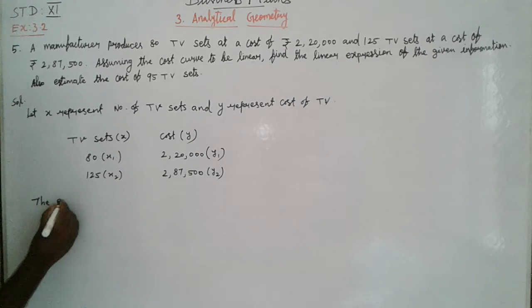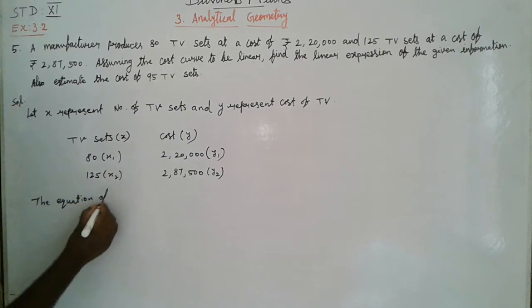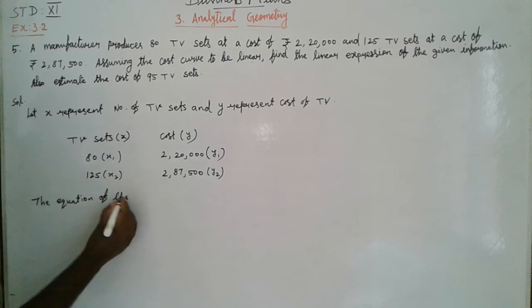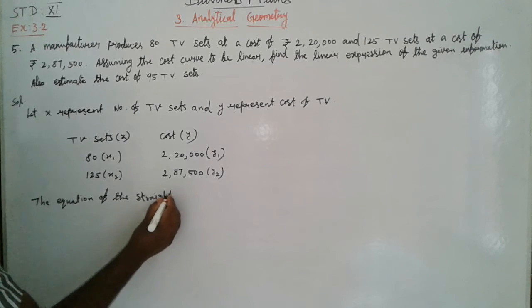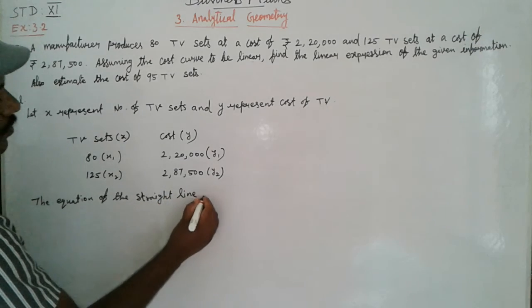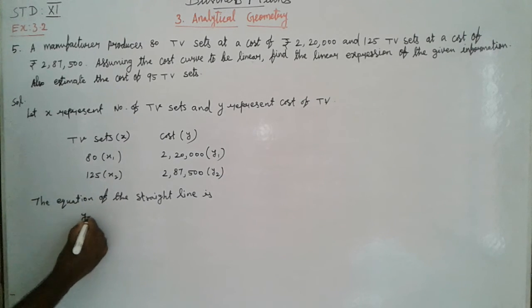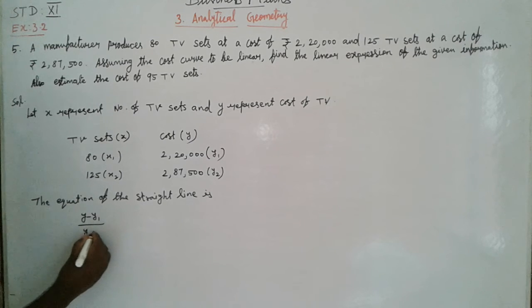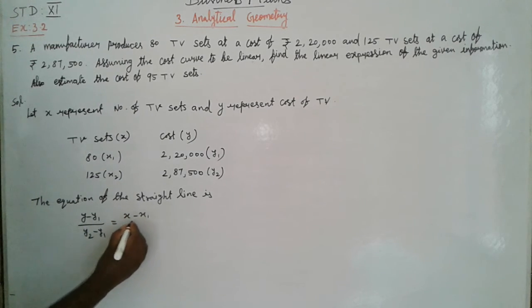The equation of the straight line, we know the formula: (y minus y1) divided by (y2 minus y1) equals (x minus x1) divided by (x2 minus x1).